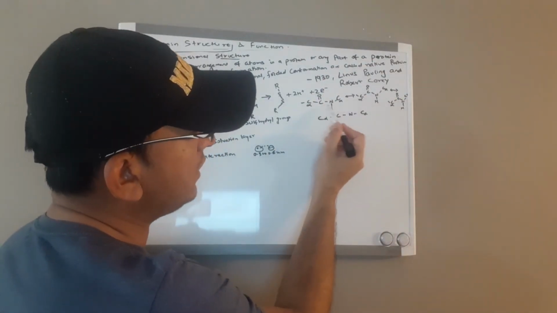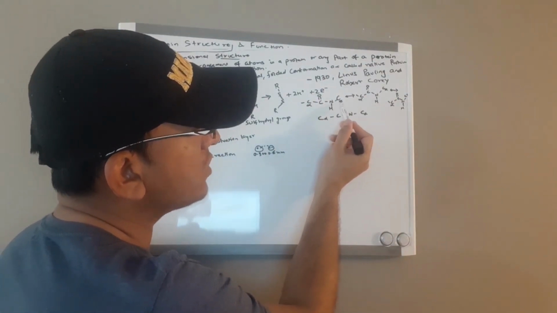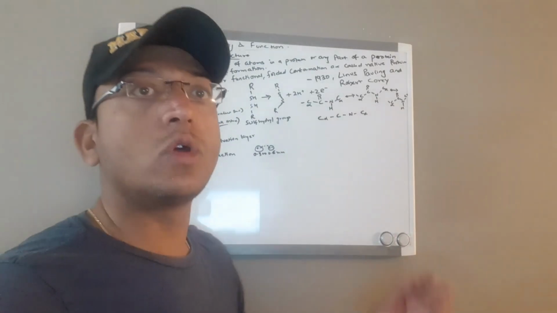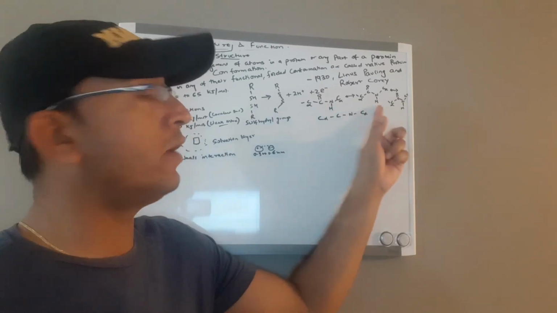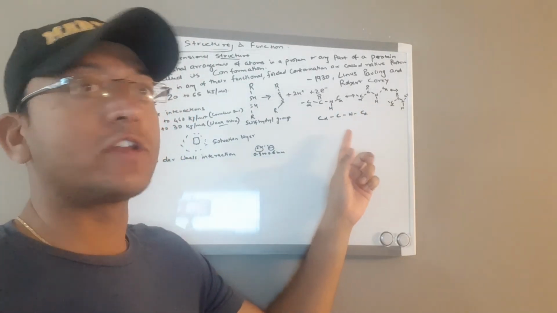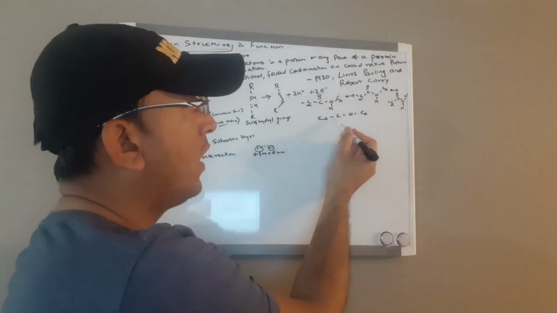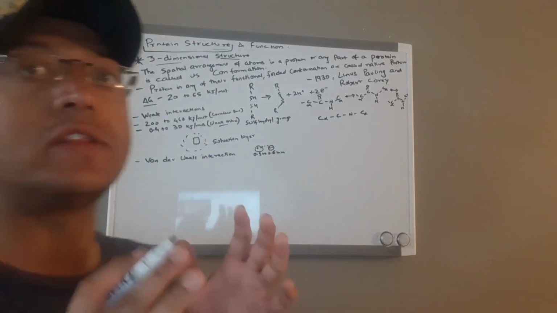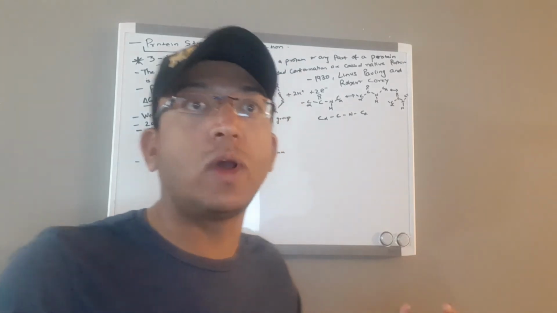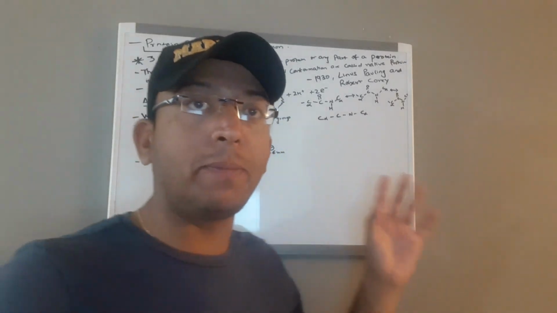So the alpha carbons of 2 amino acid residues are separated by 3 covalent bonds, 1, 2, and 3.